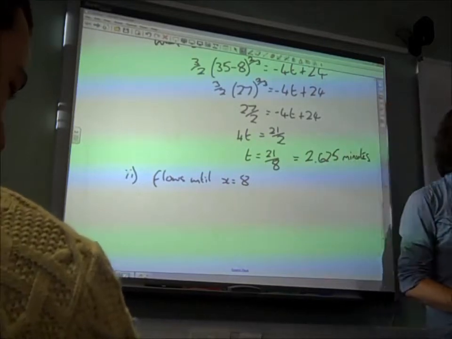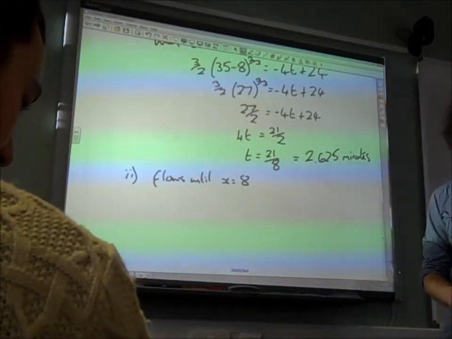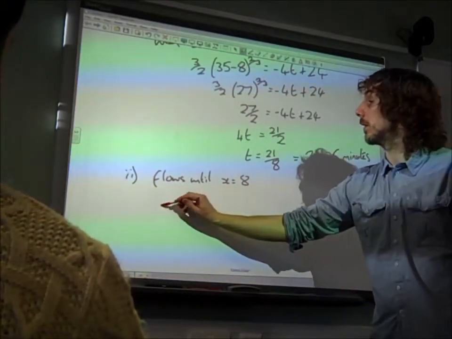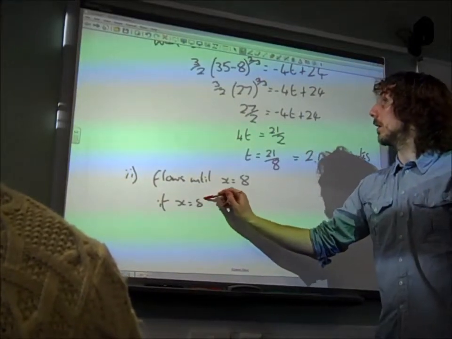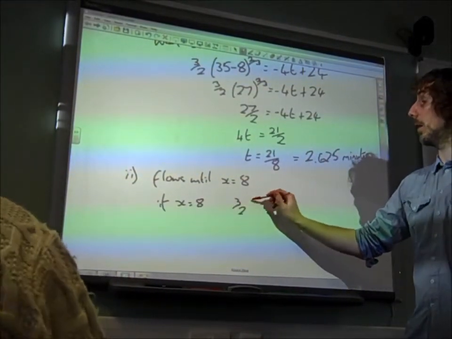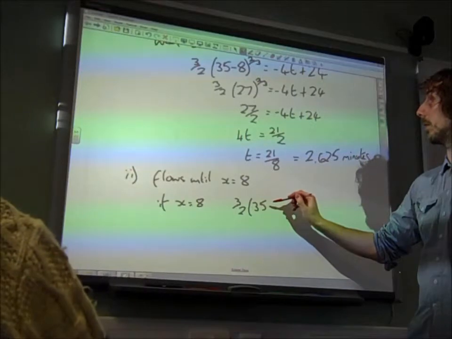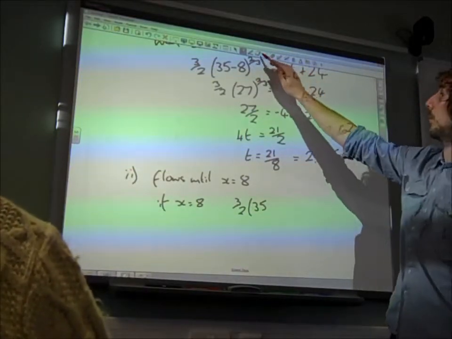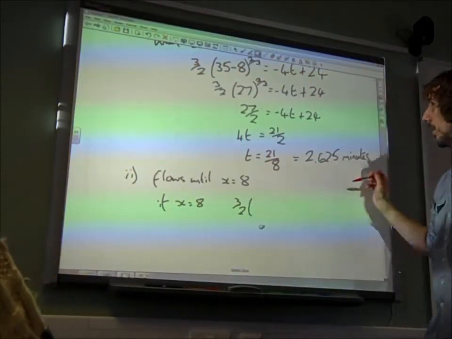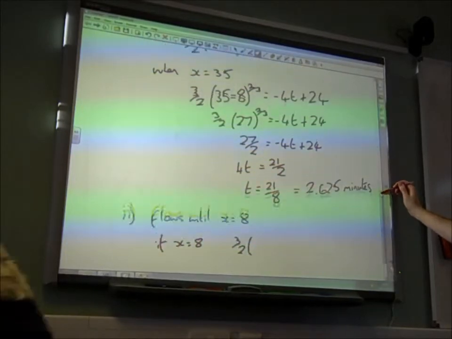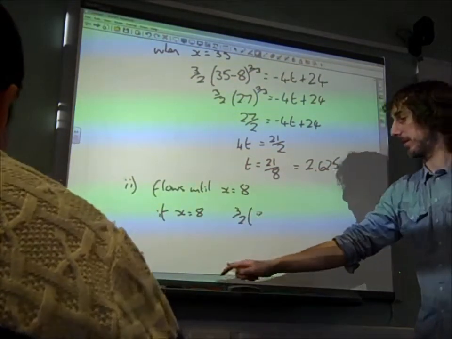So now we want to find out what the time is when x equals 8. 3 over 2 (8 minus 8) to the 2/3, of course.